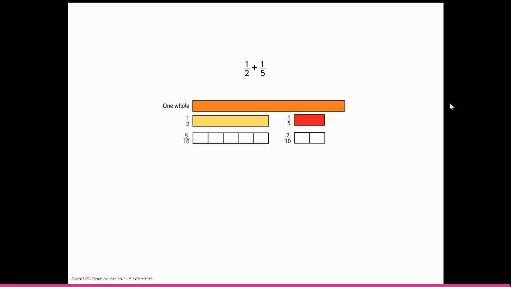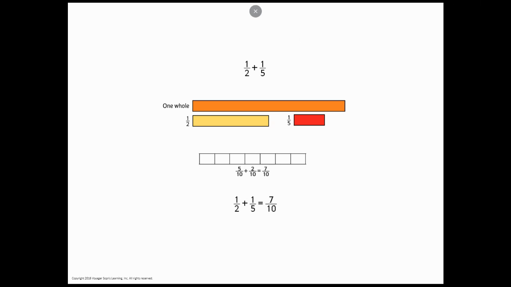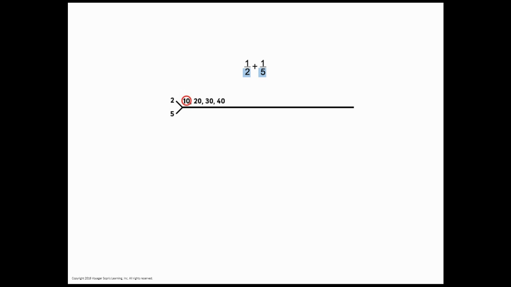So 1/2 plus 1/5 is equal to 7 tenths. Notice that the common denominator for 1/2 and 1/5 is 10, and it's a multiple of both denominators 2 and 5. Now let's add 1/2 and 1/5 without the rods.